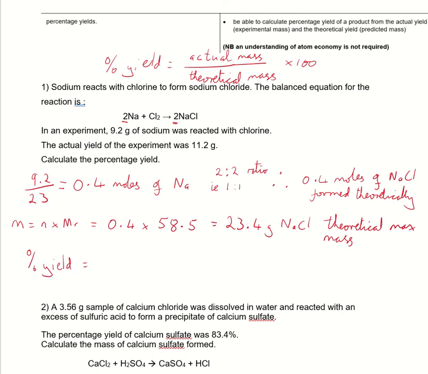My actual mass that I got, see that there's 11.2, the actual, divided by my theoretical, which is here, what I've just worked out, and then times by 100 just to convert it to a percentage. So 11.2 divided by 23.4 times 100, 47.9%, just rounding that off.